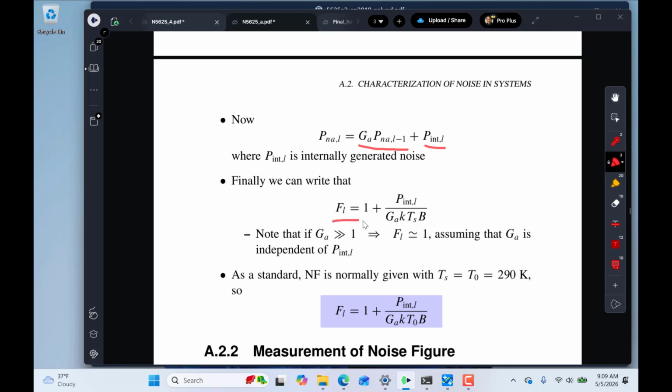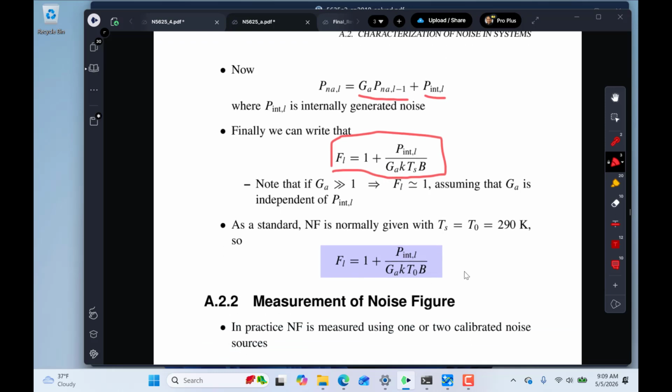Then we get this nice equation here, which tells us how the noise figure is related to the gain and the internal noise, and we can basically come up with a standard equation, which is this one right here, that just says noise figure for a component is generally specified at 290 degrees Kelvin, and that's how the manufacturer gives you that value.